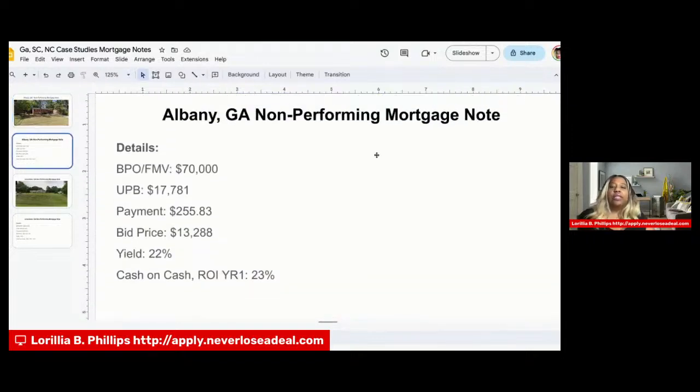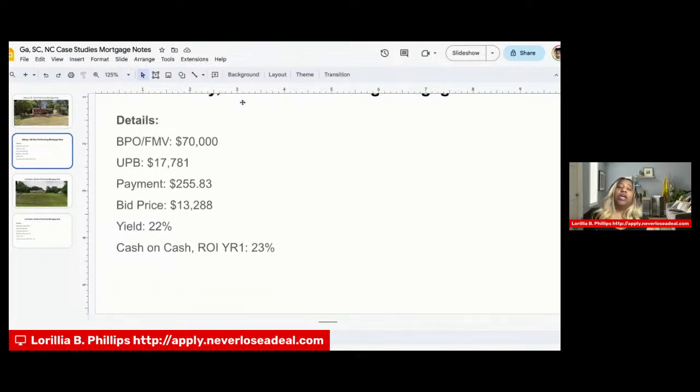Along with that, I look at some of the details, and these are the details that are important for me to be able to make a decision on whether I'm moving forward with buying an asset, or if I want to JV with a funding partner to fund this particular mortgage note. So here are the details.